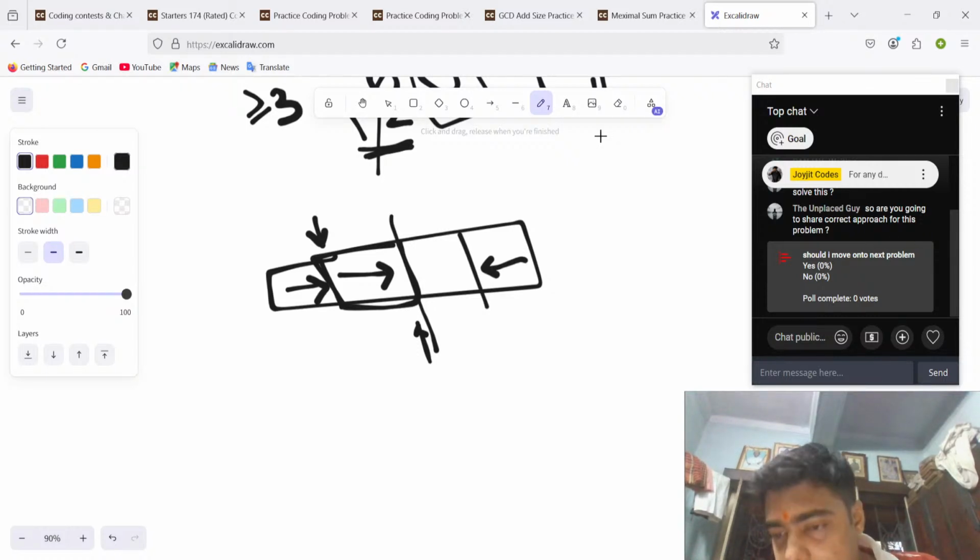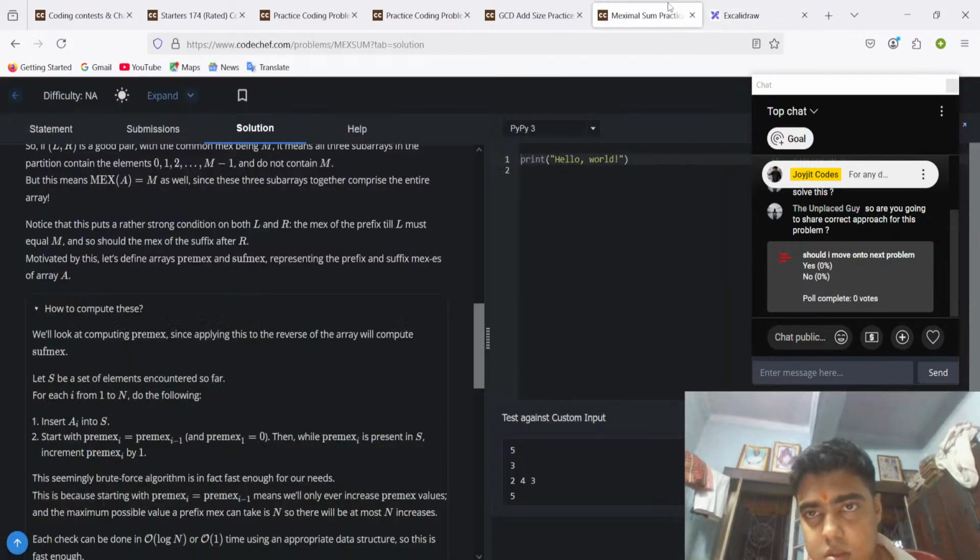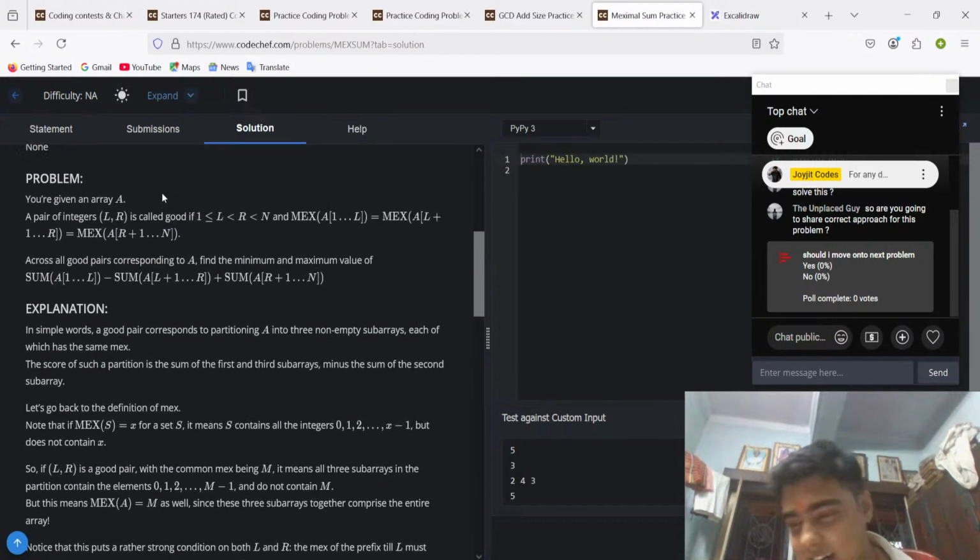No matter what you're doing, it will take you big O of n into max. But I saw that whoever has done the solution came up with a big O of n approach. For now I can't understand what he has written.